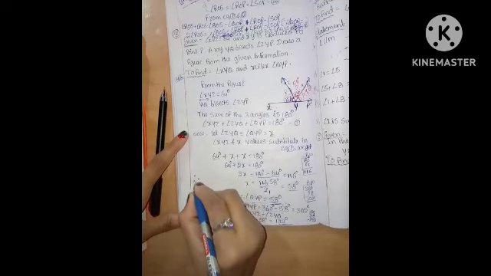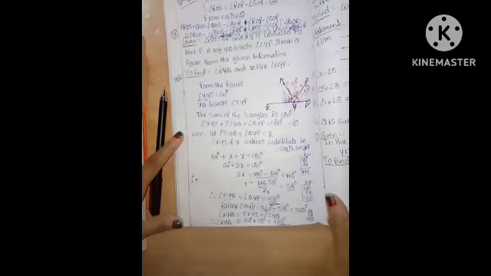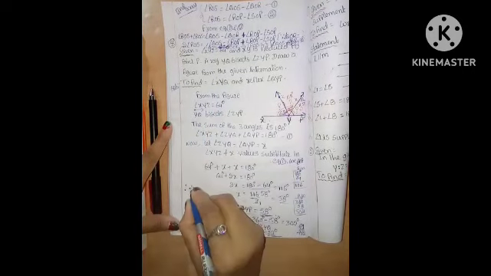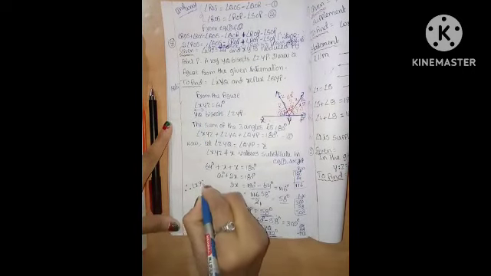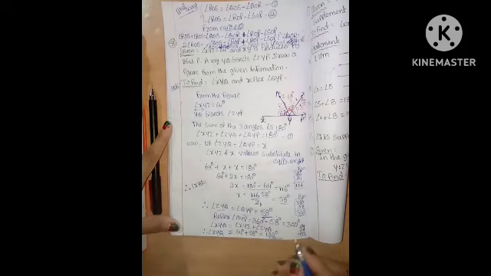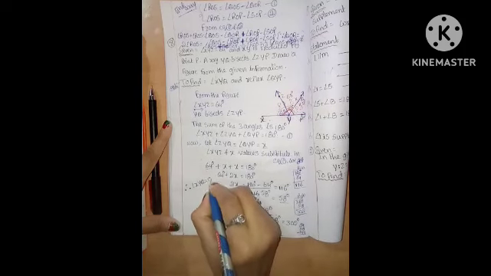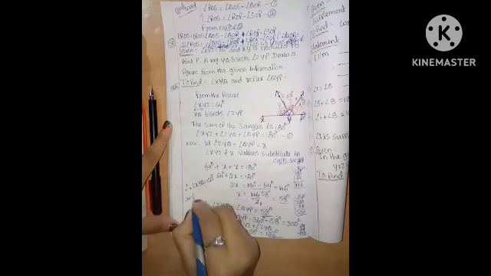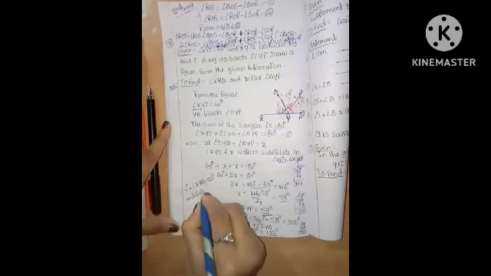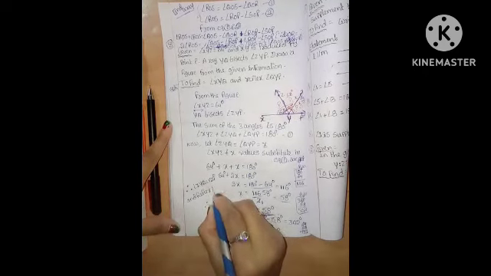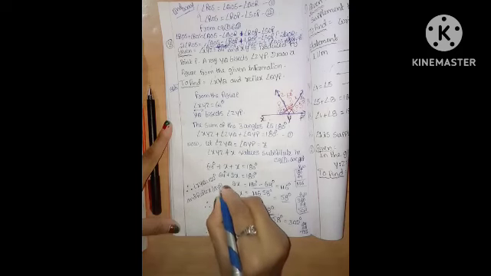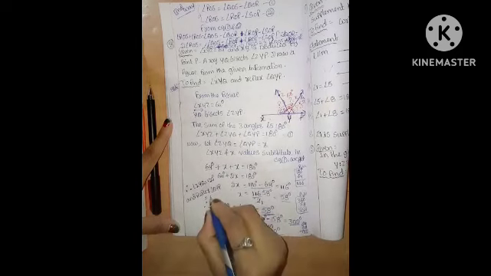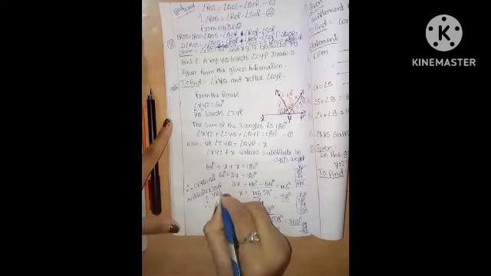Final answer: angle XYQ is equal to 122 degrees, and the reflex angle of QYP is equal to 302 degrees.